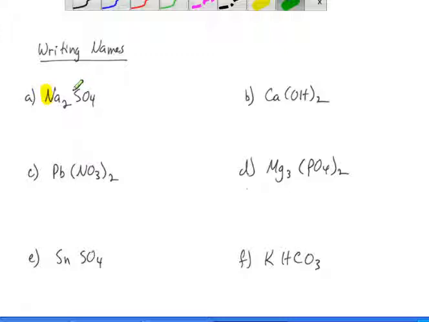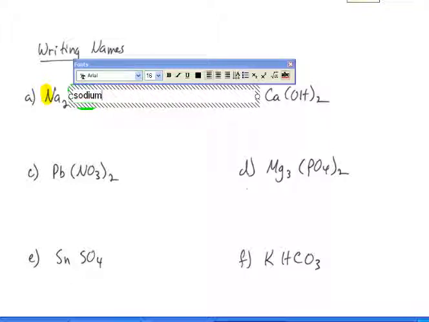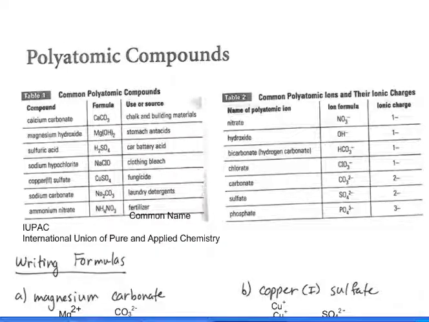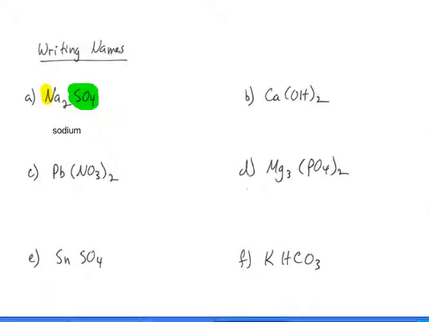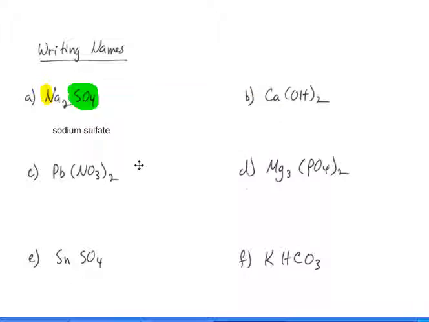If there is no brackets, you're just simply looking at the whole section here. So sodium is the first element. And the second element, SO4, if you don't remember what that is, go back over here. SO4 is sulfate. So sodium sulfate. That's it. That's all you have to do.